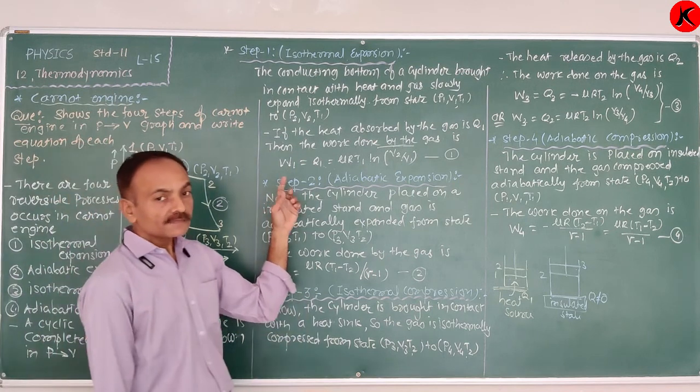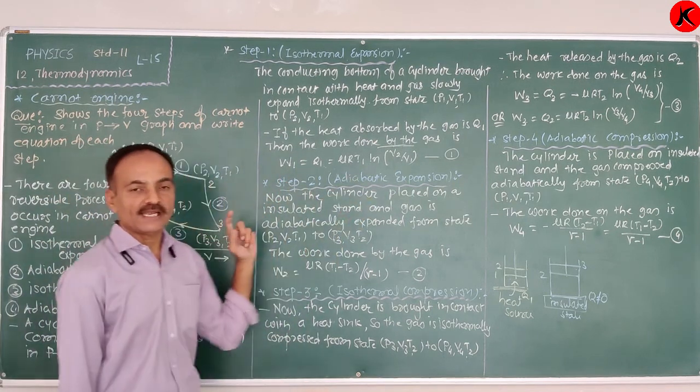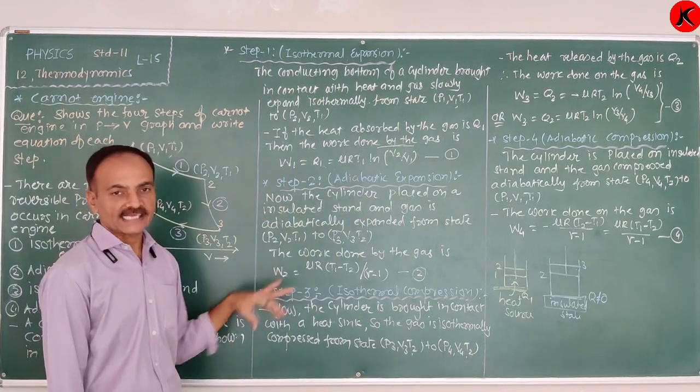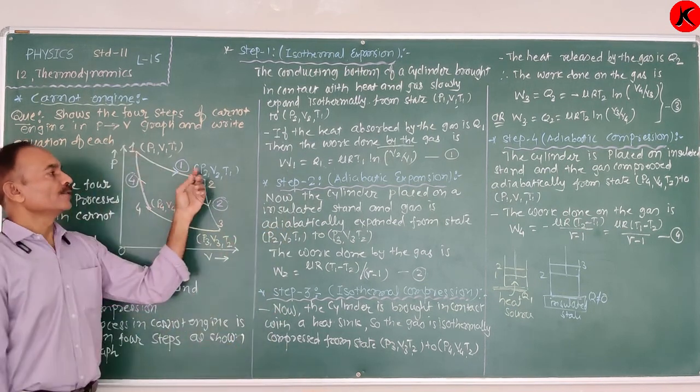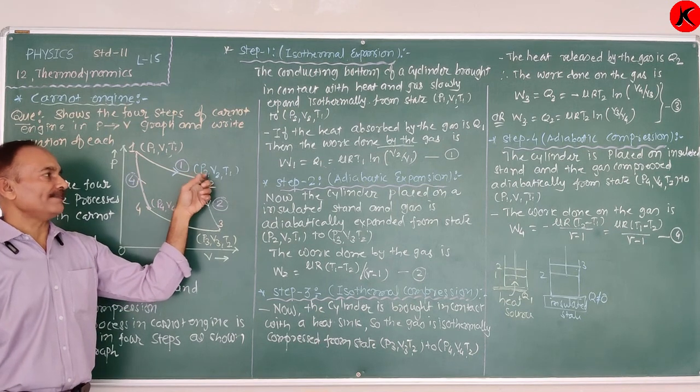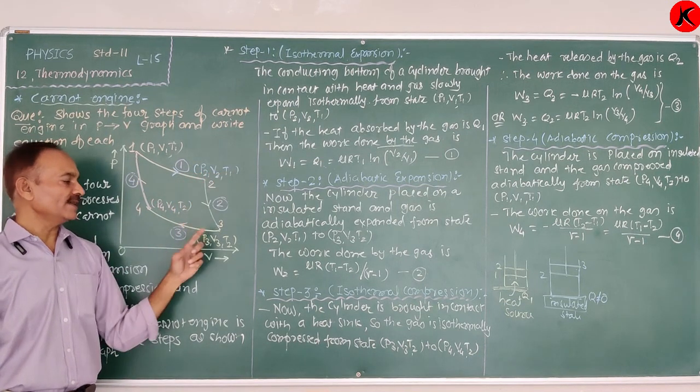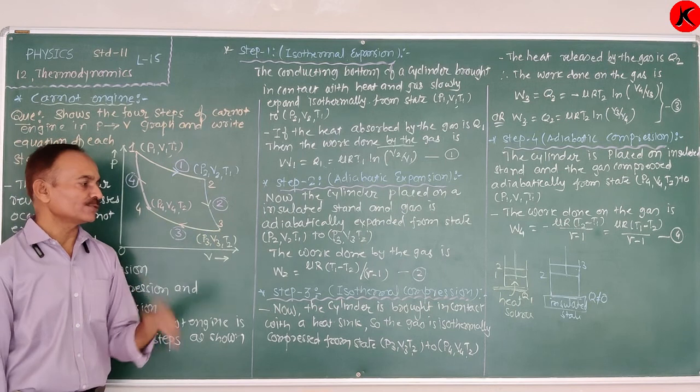Now the cylinder is placed on an insulated state and the gas is adiabatically expanded from P2 V2 T1 to P3 V3 T2.